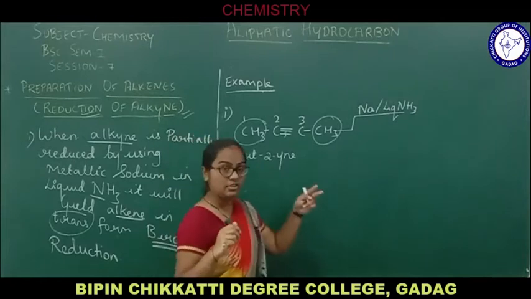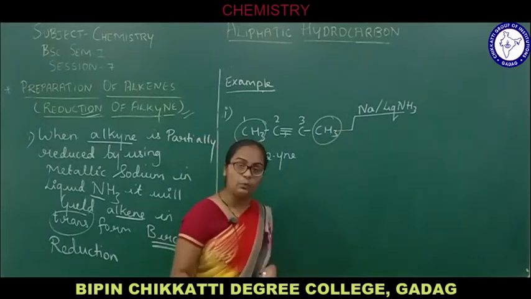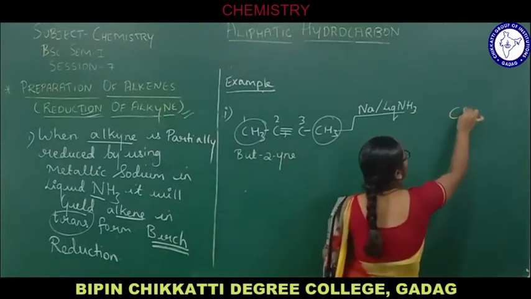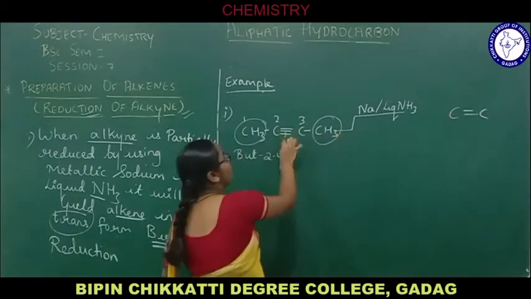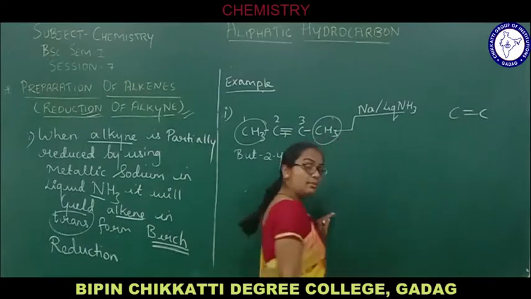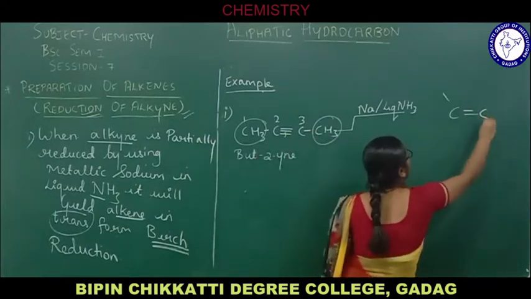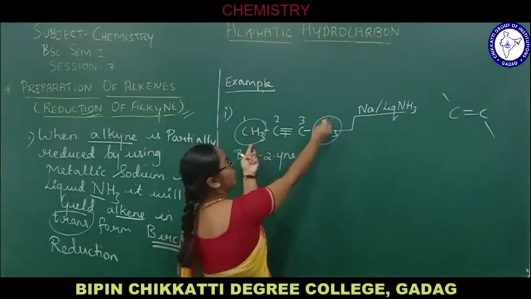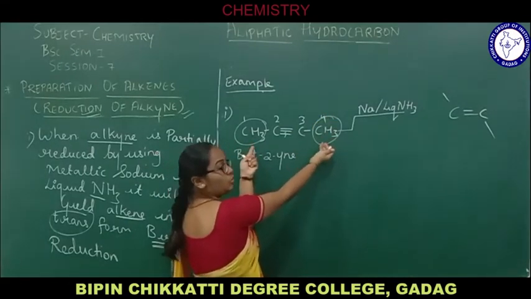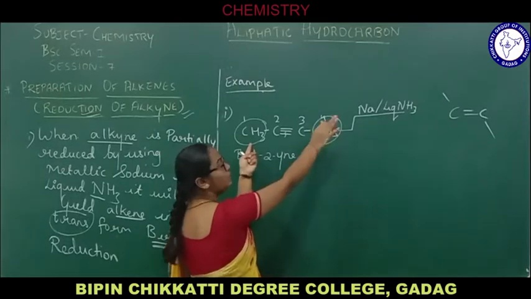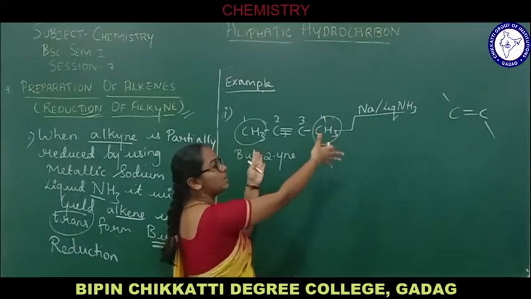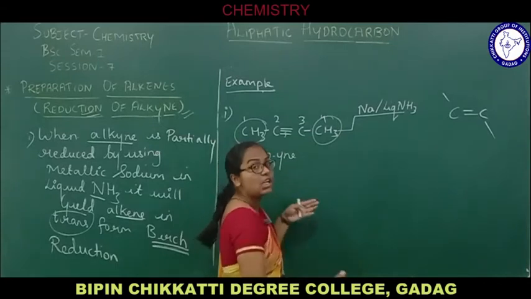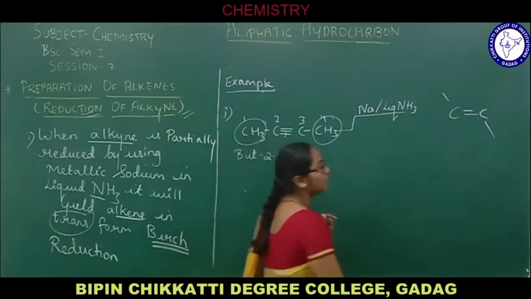The two hydrogens you get from the liquid ammonia medium, and thereby the carbon-carbon triple bond will break down and form a carbon-carbon double bond. The two methyl groups, methyl number 1 and methyl number 4, the two terminal methyl groups, are going to be present in trans form, meaning in the opposite fashion.